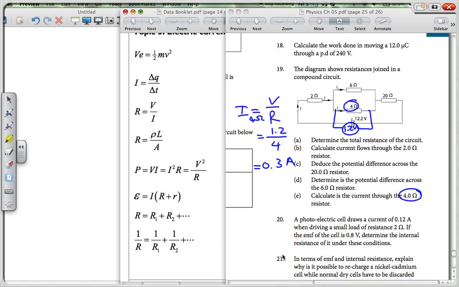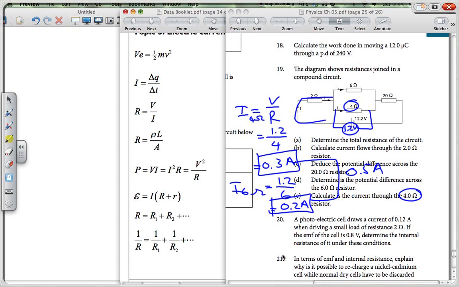They don't ask me to work this out, but I can work it out. Through the 6 ohm, it would be 1.2 divided by 6, and that would be 0.2 amps. And as you can see, the 0.3 plus the 0.2, when you add them together, you're getting your 0.5 amps, which is your total current through your circuit.